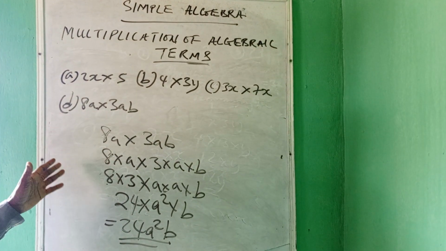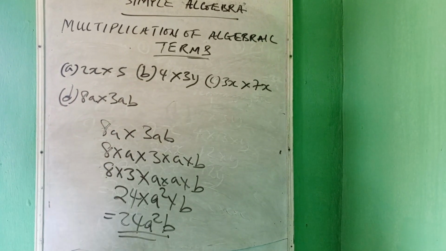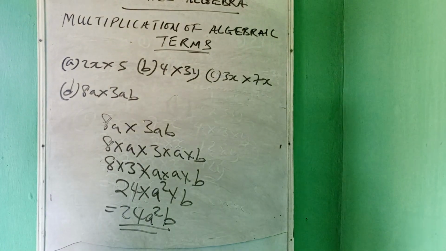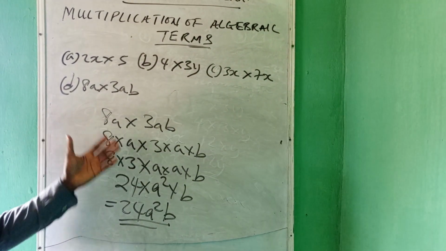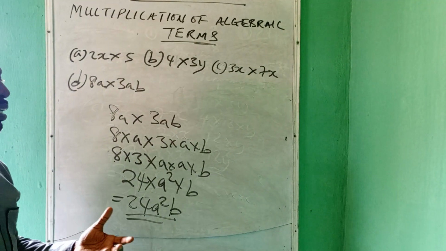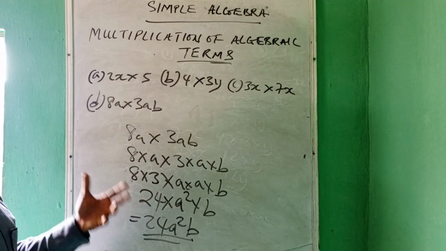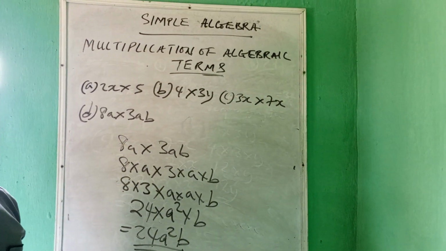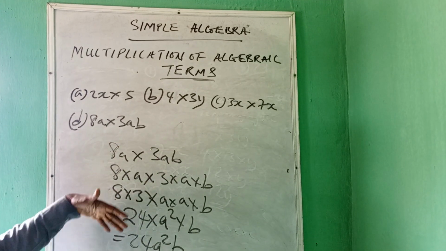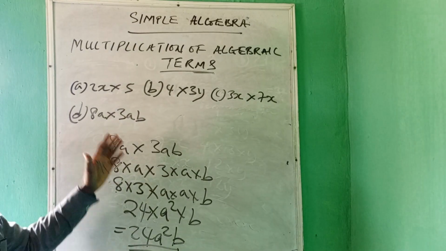So right now, I'm going to be giving you a form of problems for you to solve on the multiplication of algebraic terms. Please do well to solve them. One thing with mathematics, we always say practice makes perfect. If you just learn maths without practicing it, before you know it, that maths will not be in your long-term memory. You may just enjoy it and say, oh, I can now solve multiplication of algebraic terms. It's still in your short-term memory.